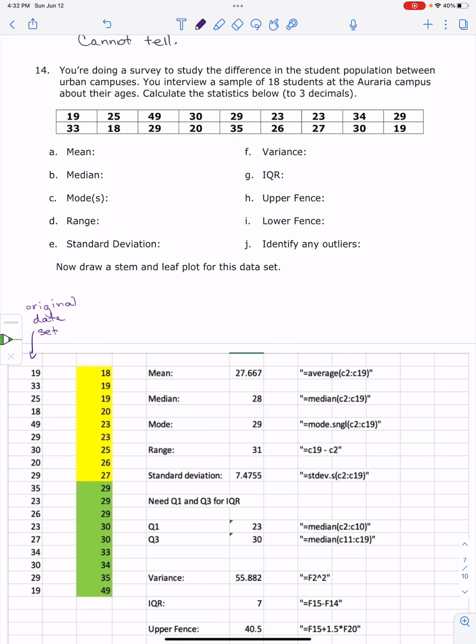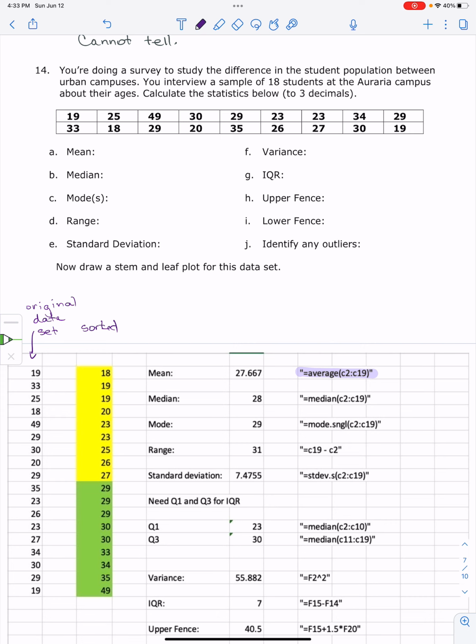Then I ordered this. I sorted it. To the right, you can see, minus the quotes, the Excel commands I used to find these values.